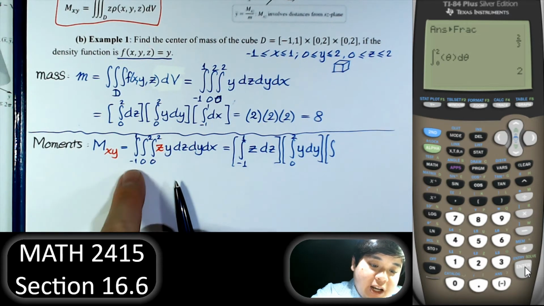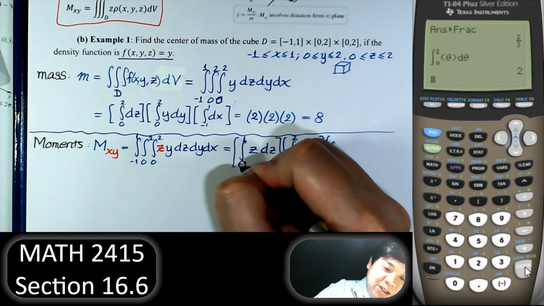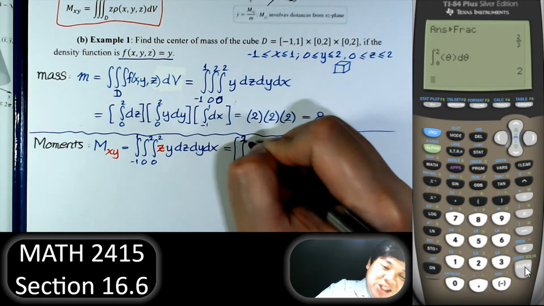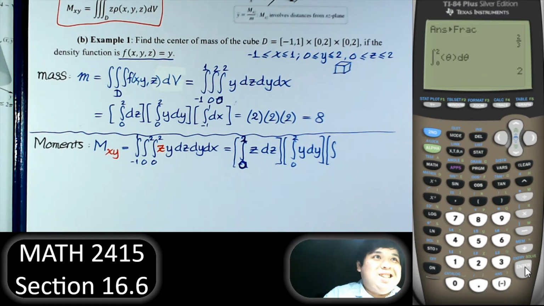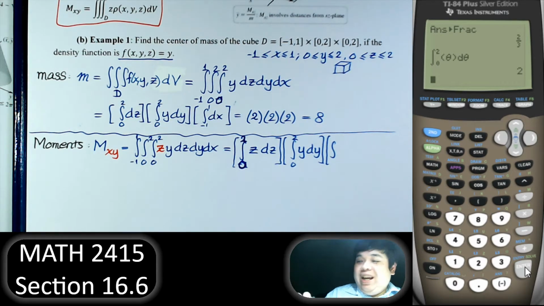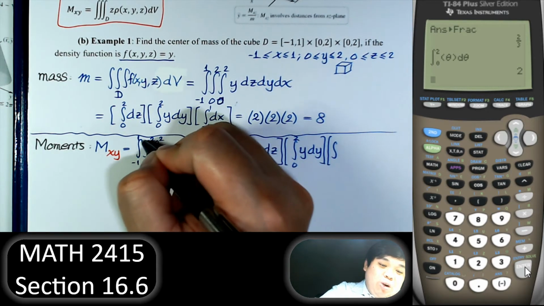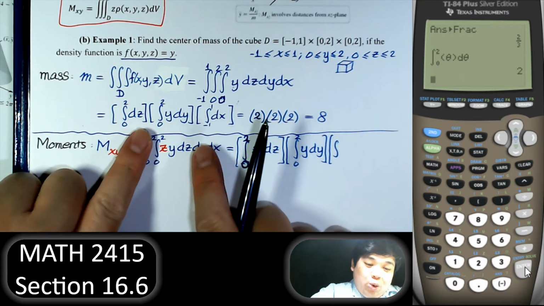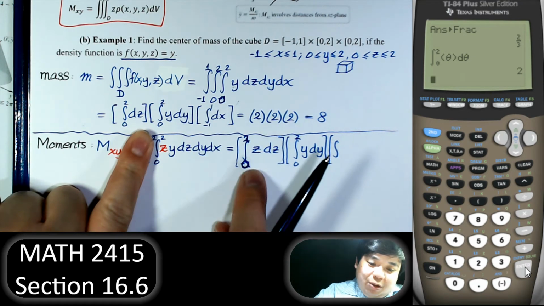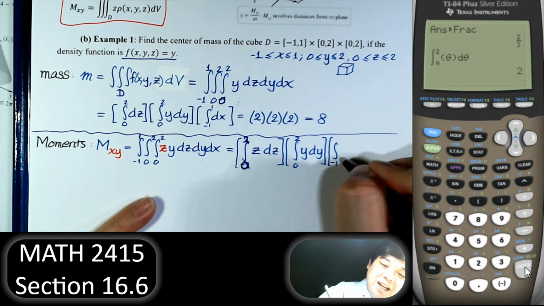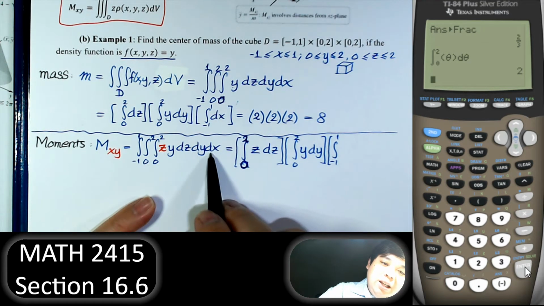Never mind, the negative 1 to 1 is the limit for x. Sorry. So for z, that's 0 to 2. So it's not 0. Sorry about that. So now you know why I recommend that we write the limit equal to, so we know which one's which. So for z, the limit is from 0 to 2. So that's correct. Sorry about that. Negative 1 to 1 is dx.